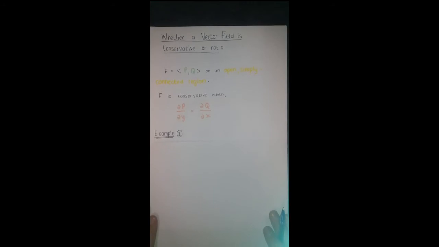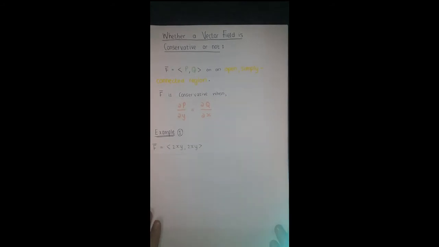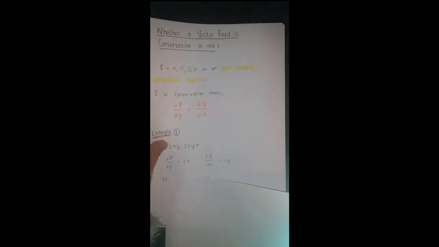Let's have an example of how this exactly works. Let's say F is equal to (2xy, 2xy). Then the partial derivative of P with respect to y is 2x, and the partial derivative of Q with respect to x is 2y. So we know that the vector field is not conservative because the partial derivatives are not equal to each other.